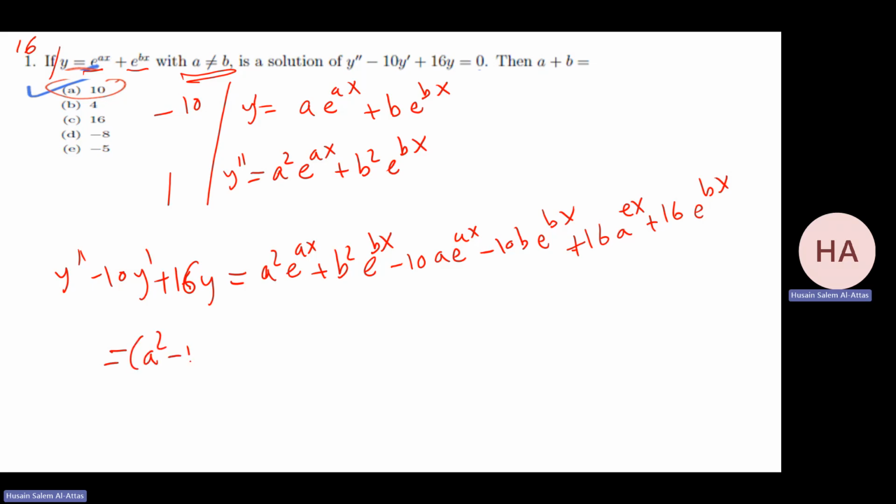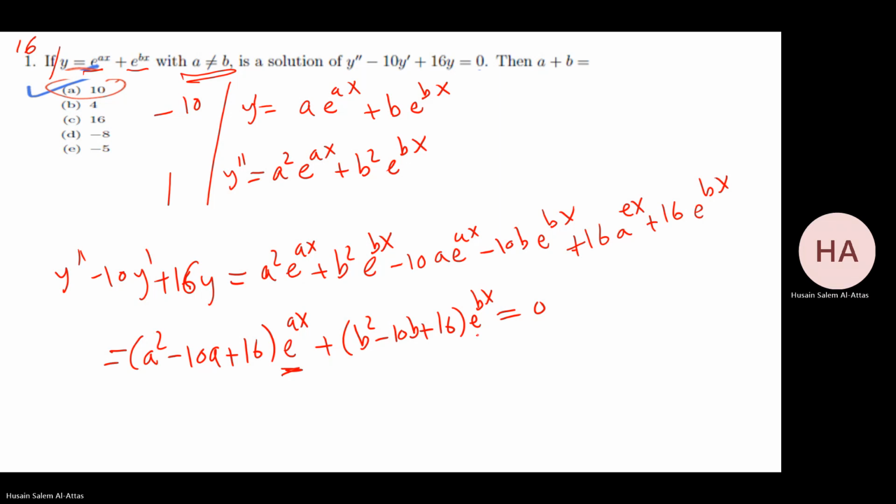A squared minus 10a plus 16, times e^ax, plus b squared minus 10b plus 16, times e^bx. That should be equal to 0. Since a is not equal to b, for sure I have this equal to 0 and this equal to 0. So I have a squared minus 10a plus 16 equal to 0.